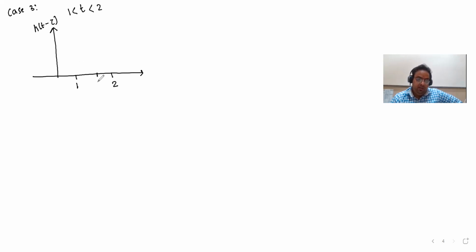So we'll have t lying somewhere here, and t minus 1 would be lying somewhere here. And this will be this kind of square waveform. Just forgive me for my bad drawing. This is just a simple square waveform. Try to make it better.